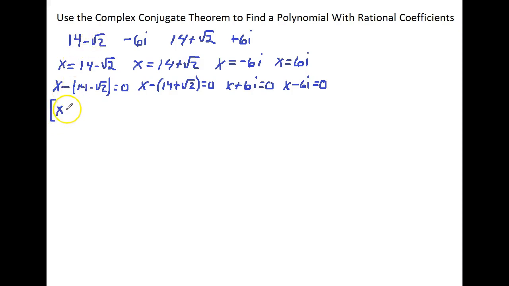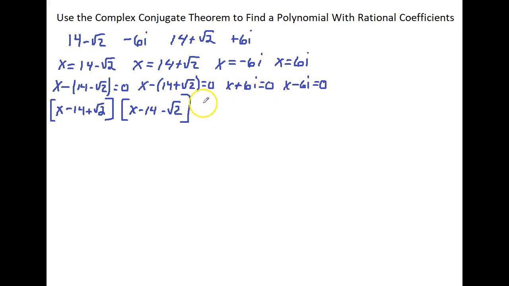So I'm going to say minus 14 plus radical 2. All right, and you'll see why in a moment I'm going to use these brackets. And then times, distributing my negative, x minus 14 minus radical 2.